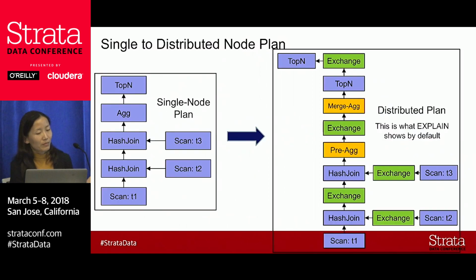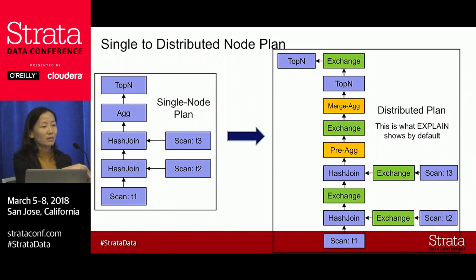The next step, as mentioned, is that we translate the single node plan to the distributed plan. So you can see the main difference here is we insert some exchange here at each level. Because after you scan this one, you have to put everything together and build the hash table.